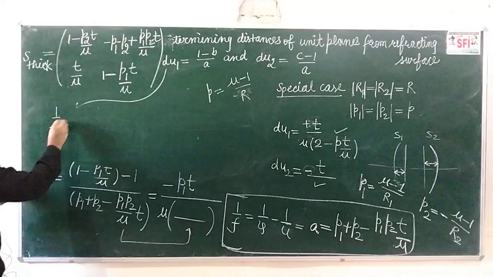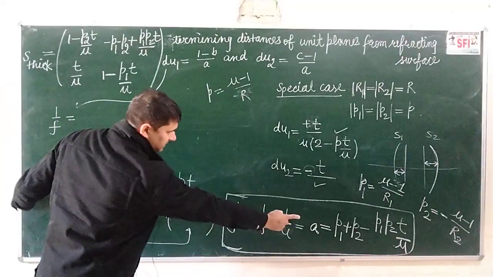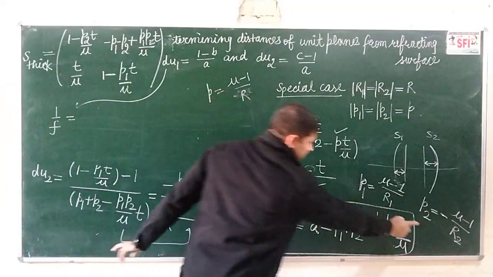1 by F equal to, put the value of P1 and P2.